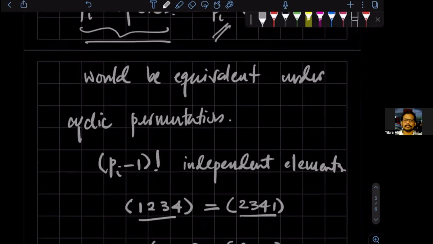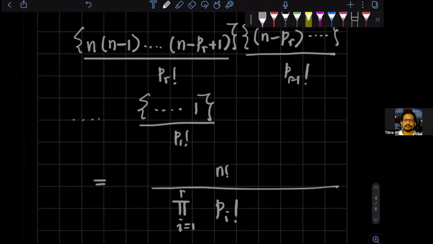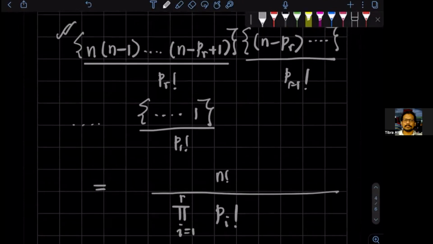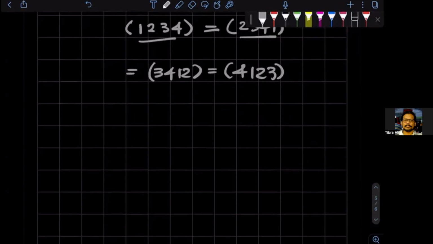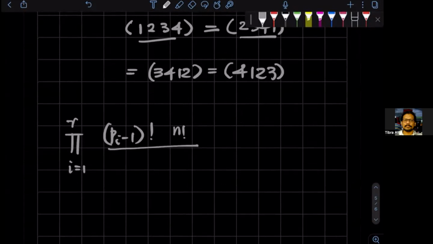So this number for each of these, we have to multiply by (p_i minus 1) factorial. If I do this, then I goes from 1 to r, (p_i minus 1) factorial, n factorial divided by p_i factorial.